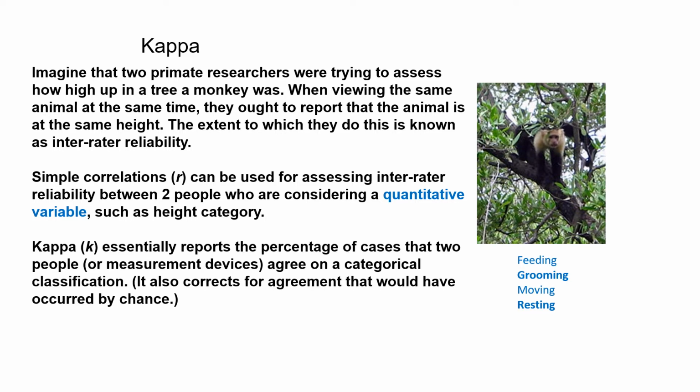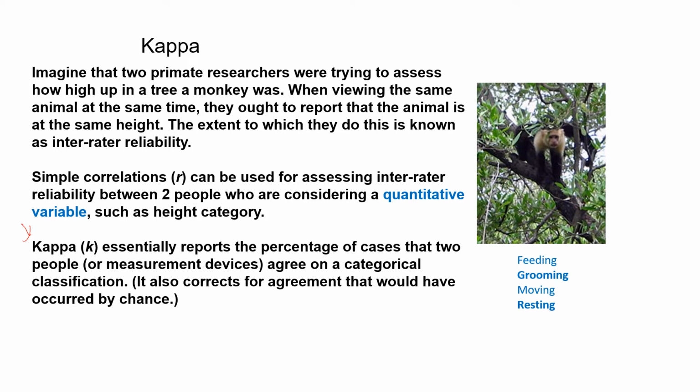If you're doing a categorical classification, we can then instead use kappa as our measure. And kappa will measure the degree to which people agree on a categorical classification. So it corrects for agreement that would have occurred by chance and looks at when you've got categorical variables where you don't have this continuous quantitative variable. Kappa can take care of that.